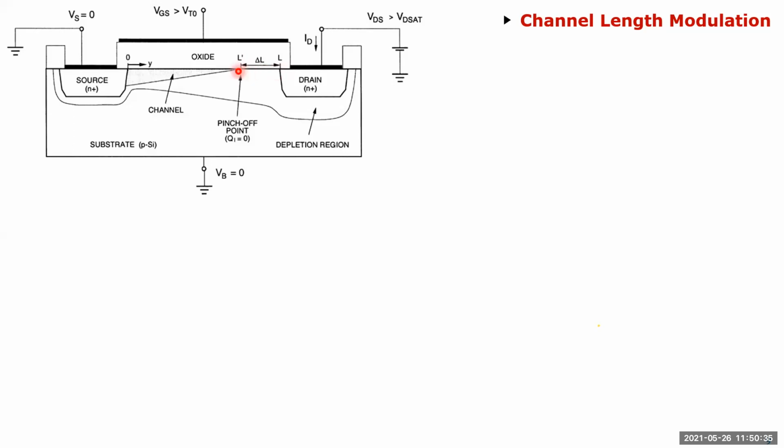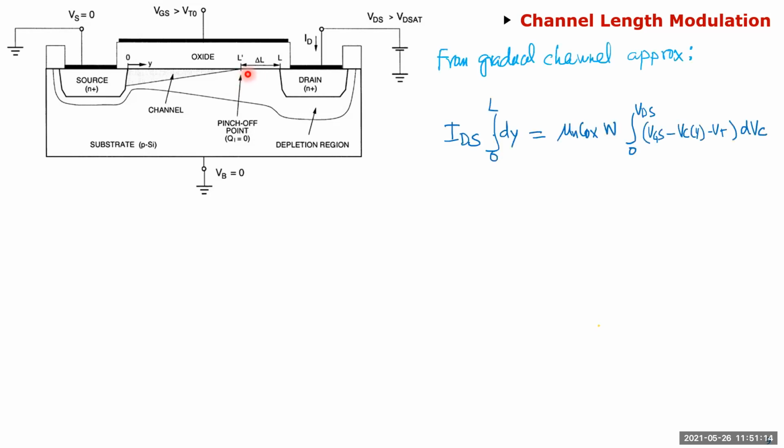Because you have this region of no charge, we'll call this delta L. So your real effective L is less than the drawn transistor L by this delta L term. When you increase VD after VGS, this length slowly decreases. It is a linear relation, but the way to derive it is a little bit complicated, so people just use the empirical data, and I'll show you that empirical constant.